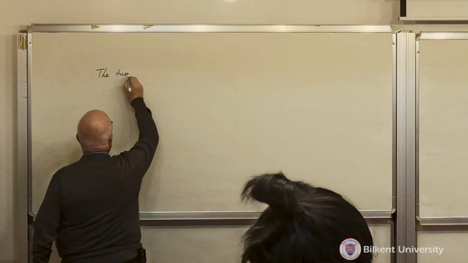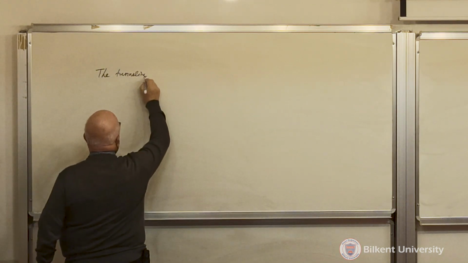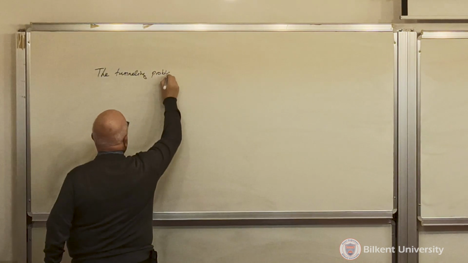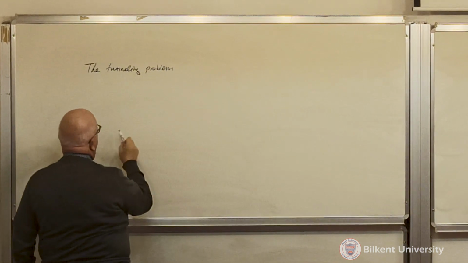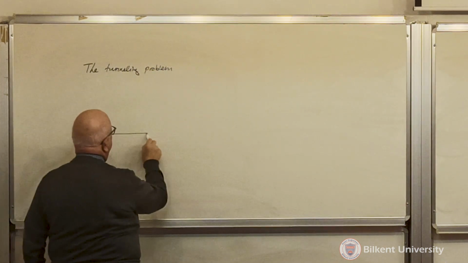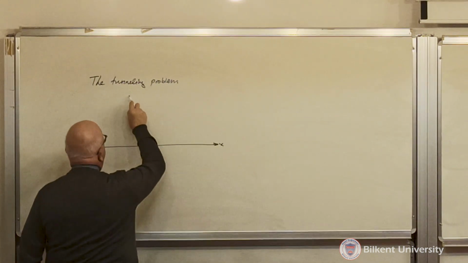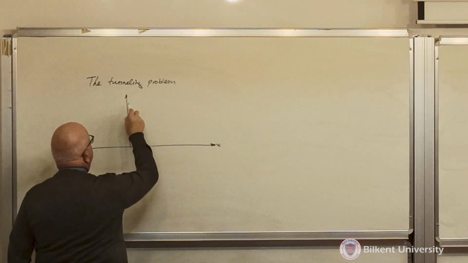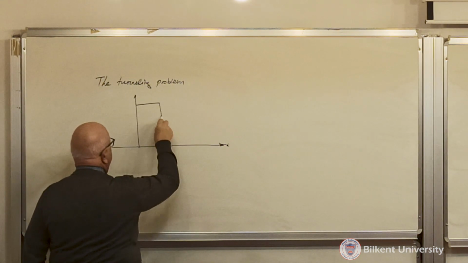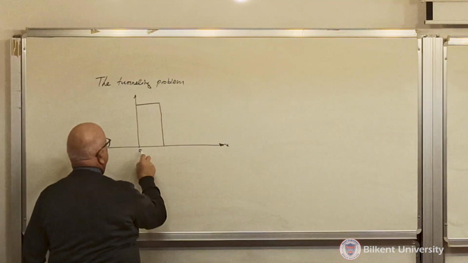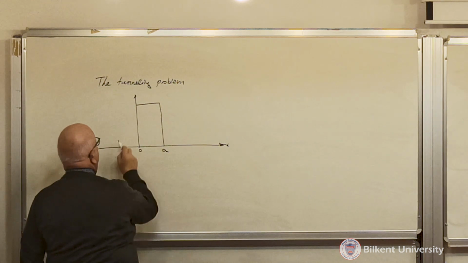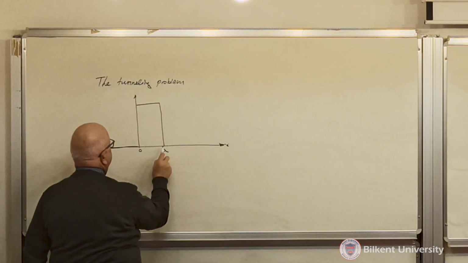The tunneling problem is a problem in which we have a potential energy as a function of x, which is in the form of a barrier between 0 and a, and 0 potential elsewhere.